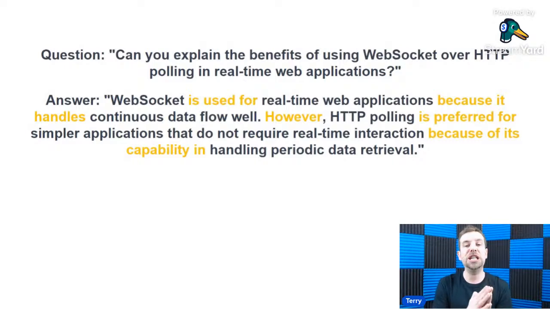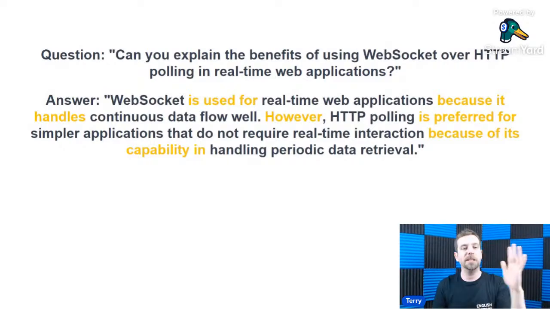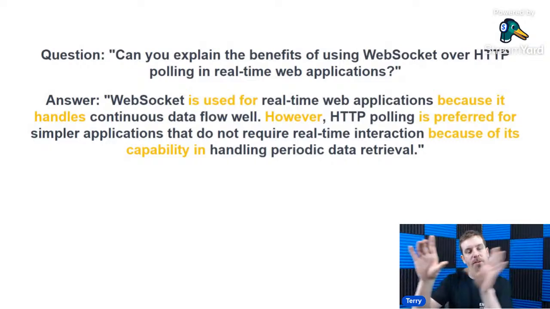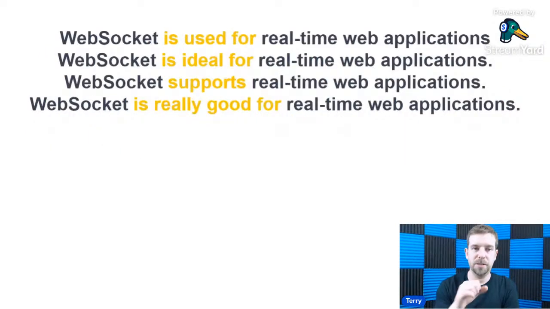However, HTTP polling is preferred for simpler applications that do not require real-time interaction because of its capability in handling periodic data retrieval. Okay, so again, that's the start of it there. Is used for, because it handles, is preferred for, because of its capability in. These are small sentences that help you join and connect the answers in your sentence, okay?